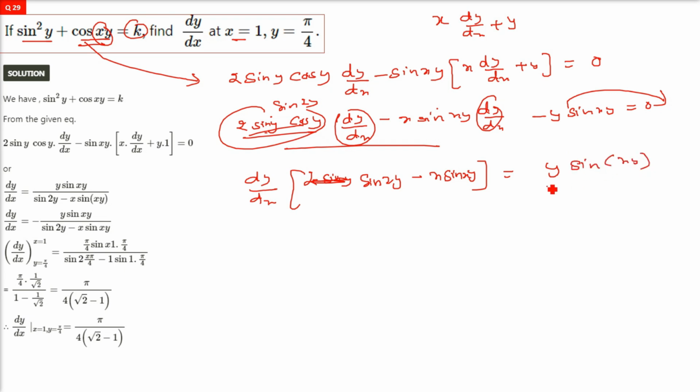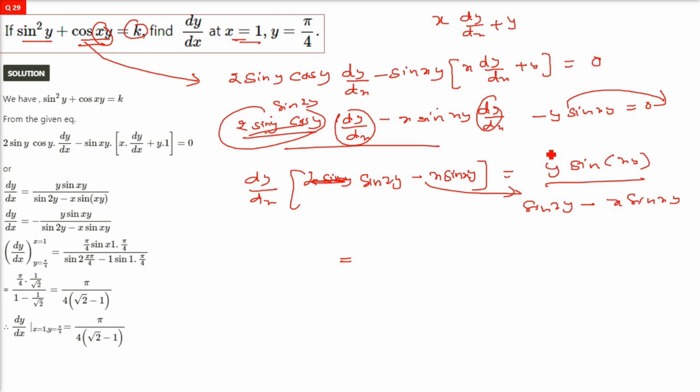Now we can bring this down into the denominator, cross multiplication you can say. So this is sin 2y minus x sin xy in the denominator. So now we'll put x as 1 and y equal to pi by 4. X is 1, so wherever x is there you can just eliminate it.